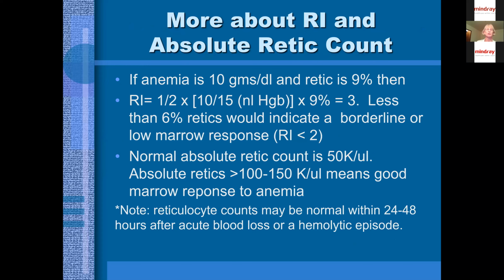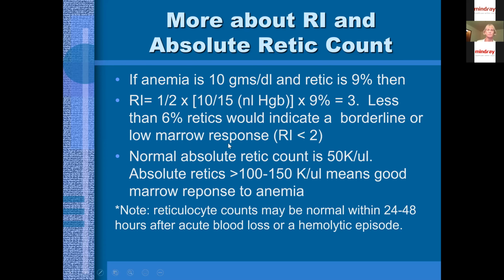So here's an example. If a patient has anemia of 10 grams per deciliter and the reticulocyte count percentage is 9%, then the index would be 1/2, that correction factor, times 10 divided by 15, which would be a normal hemoglobin, say this was a man, times 9%. And so the reticulocyte index would be 3.